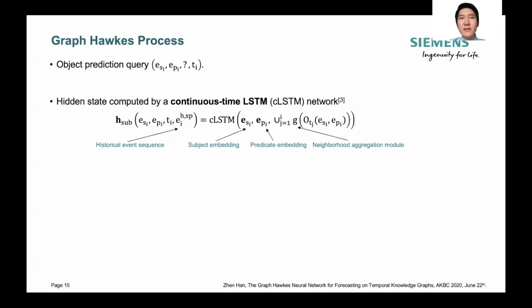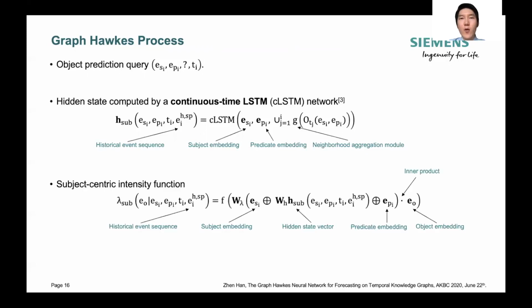After the CLSTM processes all events in the historical event sequence, we concatenate the hidden state vector with the subject embedding and the predicate embedding. And then we make an inner product between this output and embedding of an object candidate as a similarity measure. Especially for this object prediction query, we refer to this intensity function as the subject-centric intensity function for predicting the missing object.